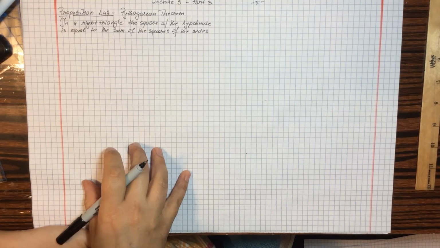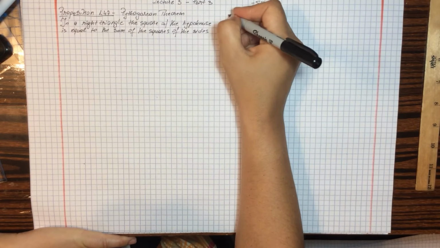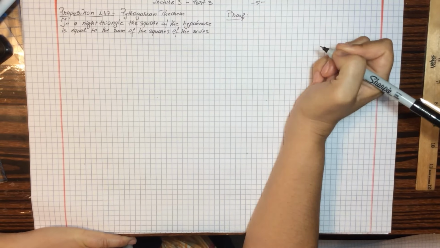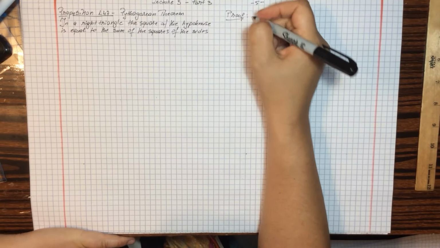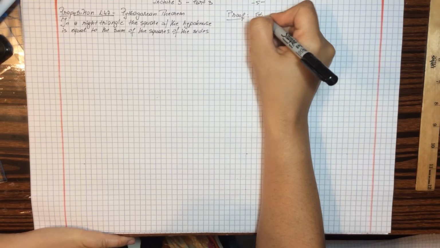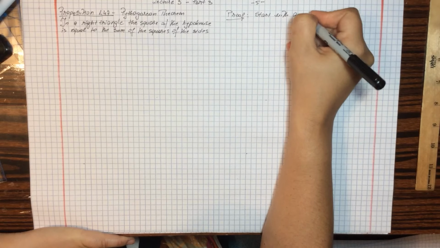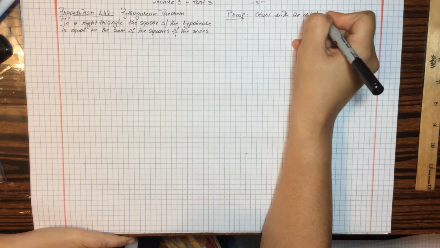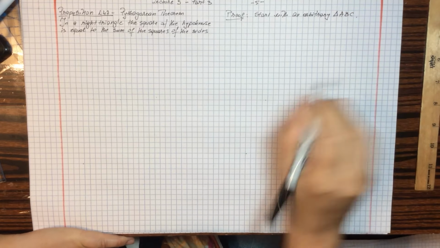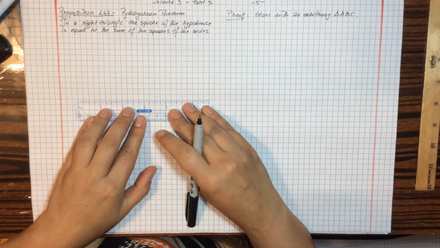So I'll draw the picture as I go along with the proof on the side, and then I'll write the proof here. So the first thing we do, we start with an arbitrary triangle ABC. Let me draw that.